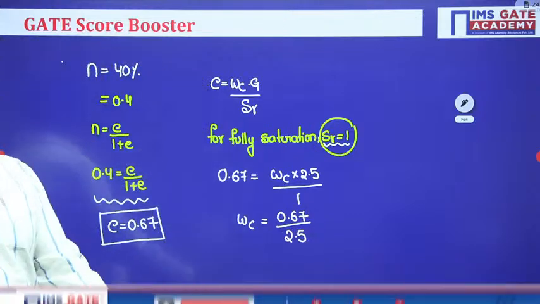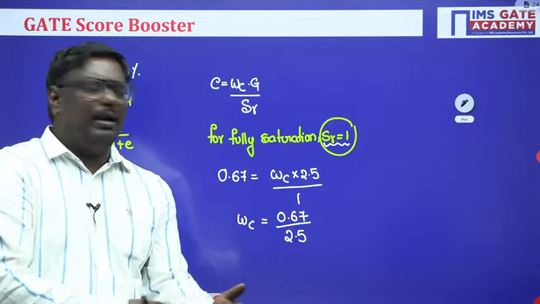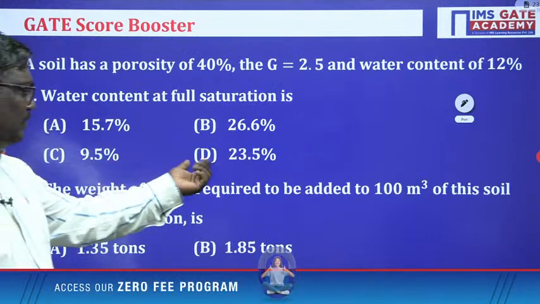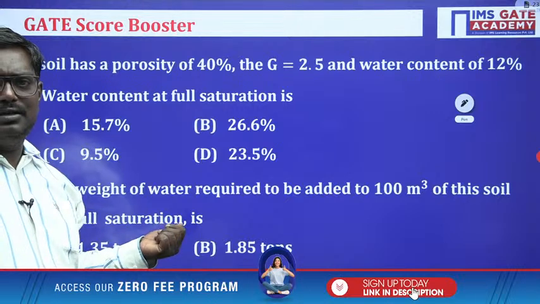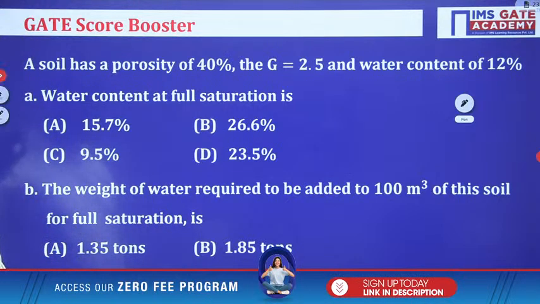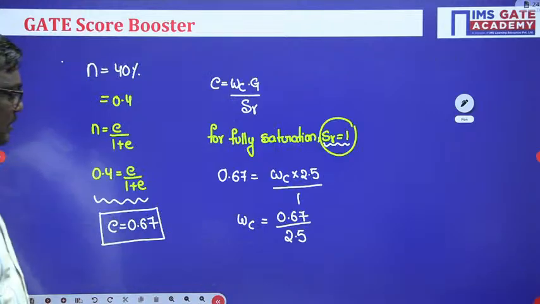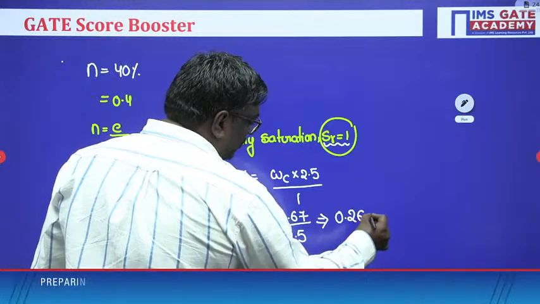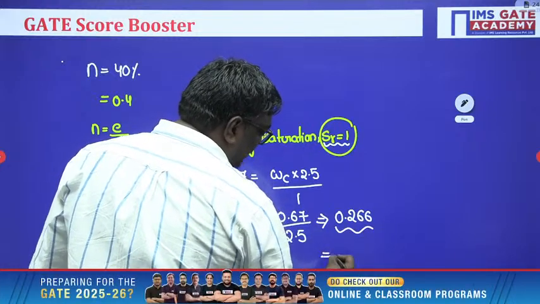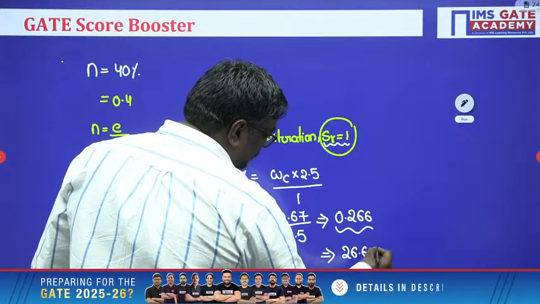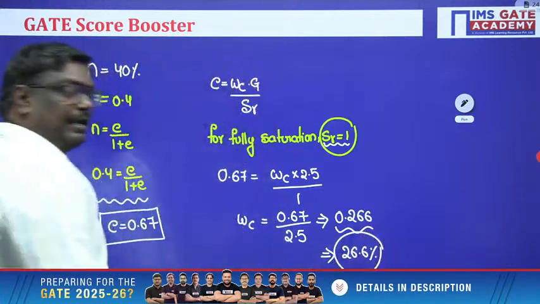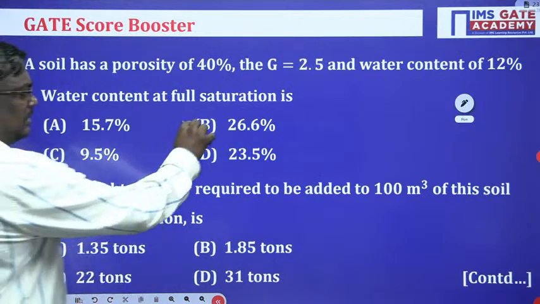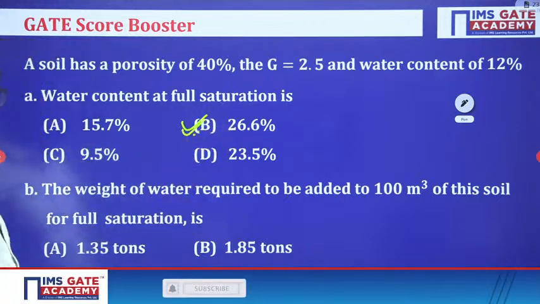If you do this, it will be around 1 upon 3.8. 1 divided by 3.8 will be around 0.266, or you can say 26.6 percent. Agree? I hope you are clear. So the answer is option B, 26.66.